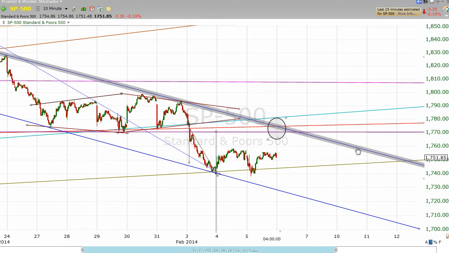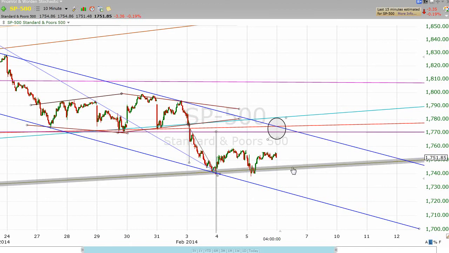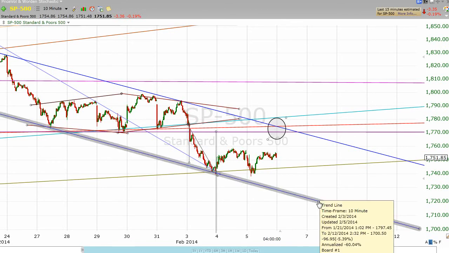Right now we're still in the channel. So if we were to go up and tag this tomorrow, I would expect resistance. Okay? On the other hand, if this little pattern that's going sideways is a continuation, then we could come down and tag this line again.